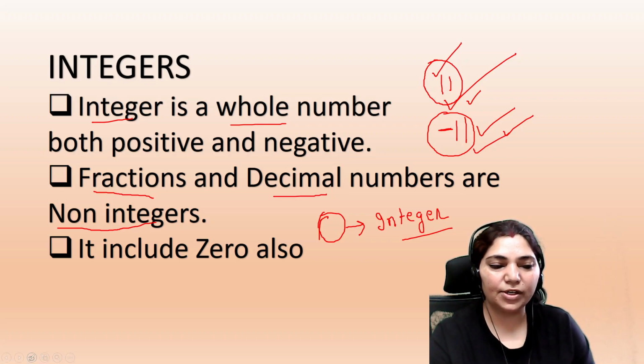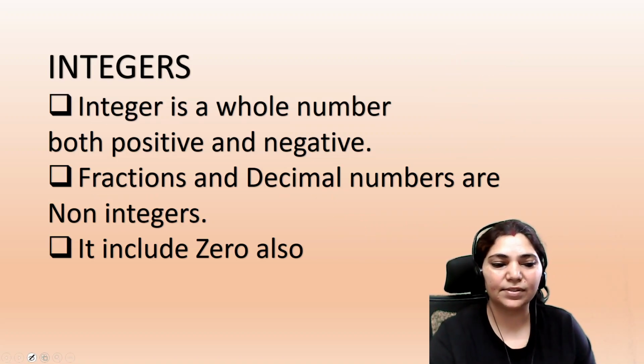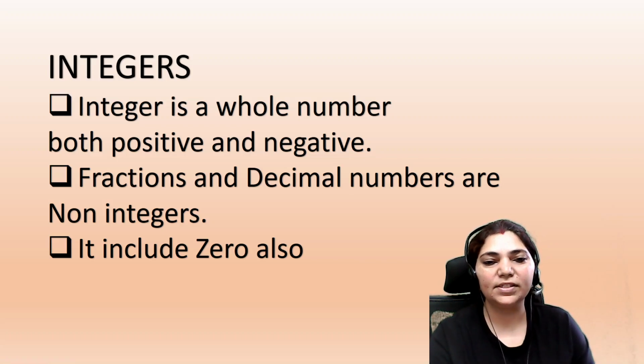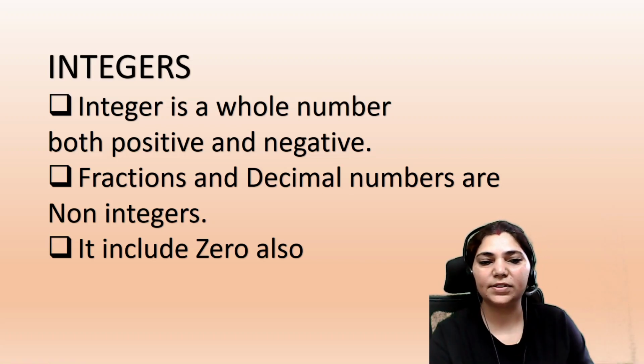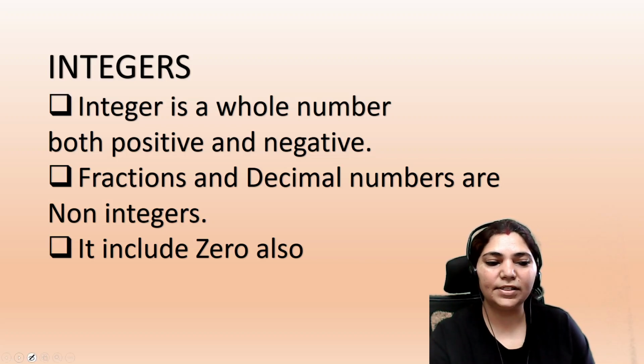It is a neutral number. Why is it a neutral number? Because it does not have a positive or negative sign. 0 is never affected by a positive or a negative sign. That's why we call it a neutral number. But yes, it will be counted under integers.